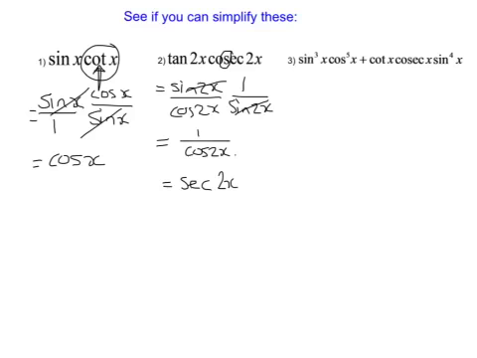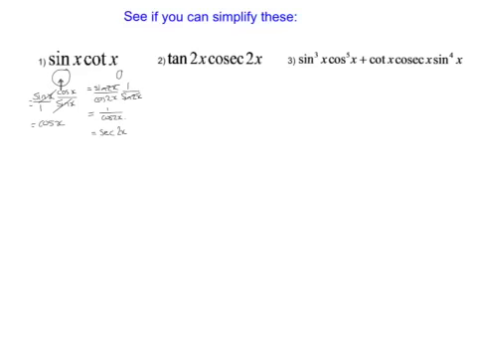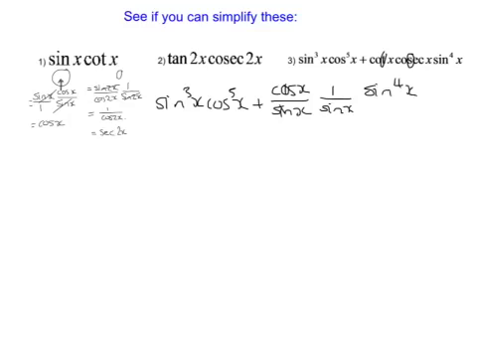Okay, this third one looks complicated, but it should all work out okay. Actually, I might just get those out of the way a minute, give me a bit more room. So we've got sin cubed x cos to the 5x plus cot x, 1 over tan x, so that's sin x underneath and cos x on the top, and cosec x, which is 1 over sin x, third letter s, and sin to the 4x, which I'm going to write again as a fraction, like that, over 1 to help me with the simplifying.